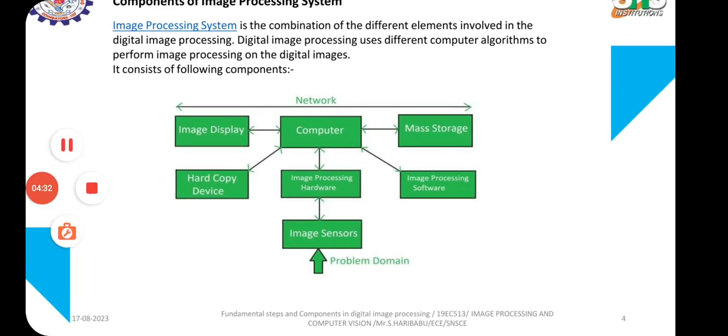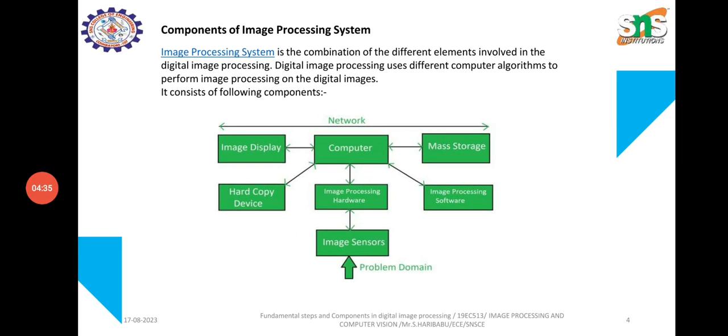Now the components of the digital image processing system. An image processing system is a combination of different elements involved in digital image processing. Digital image processing uses different computer algorithms to perform image processing on digital images.